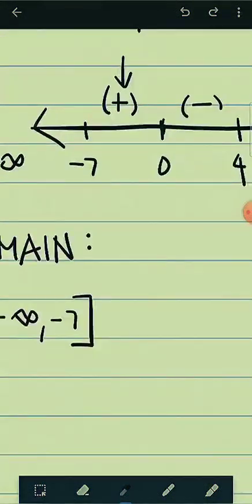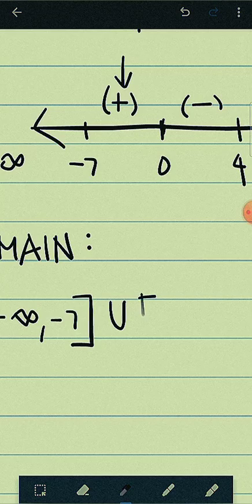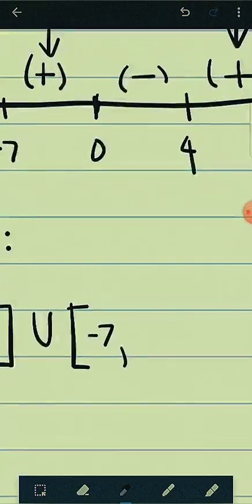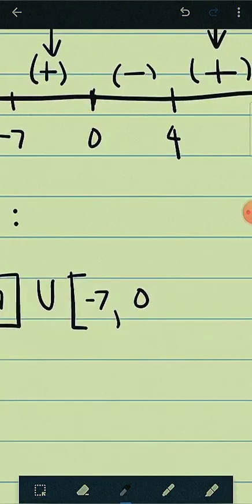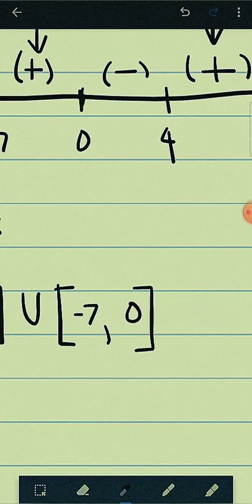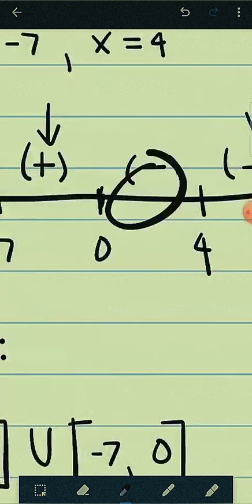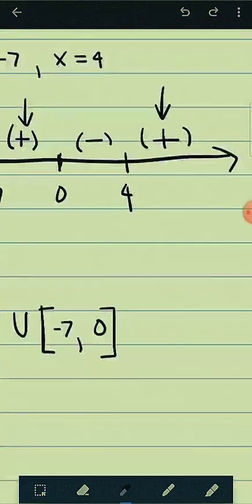Then the union of from -7 towards 0. So 0 is included, right? Since the region between 0 and 4 is not included, we will not write that anymore.